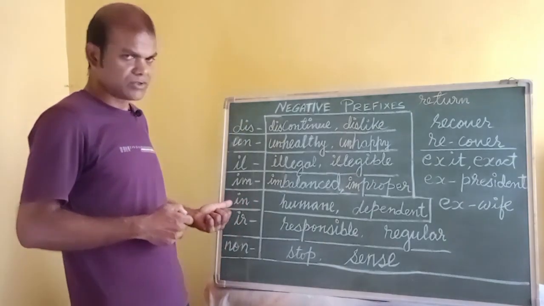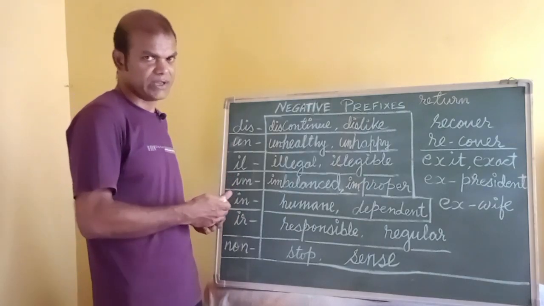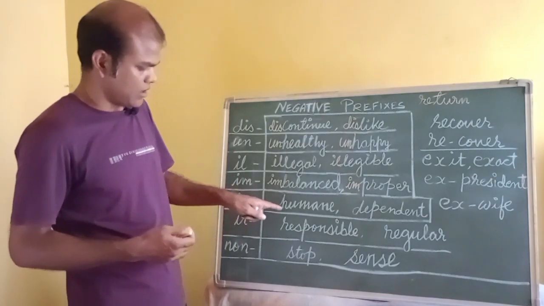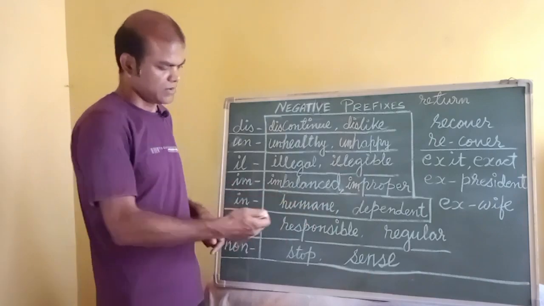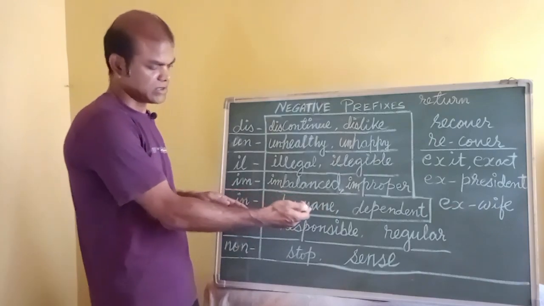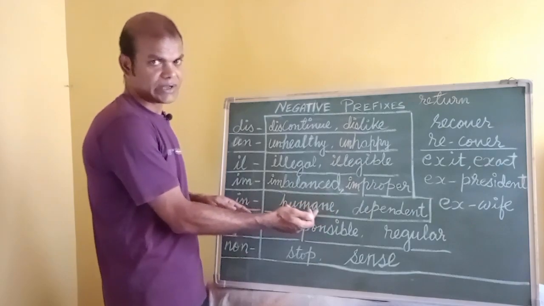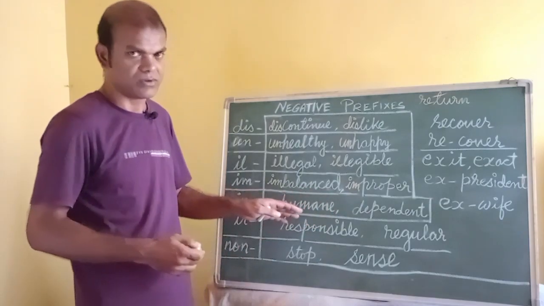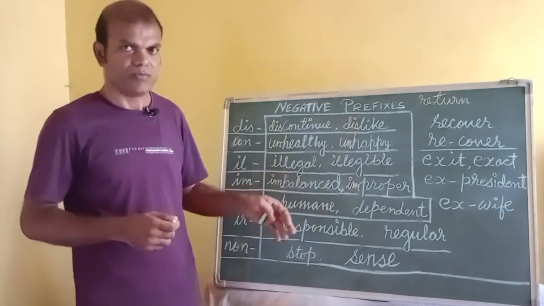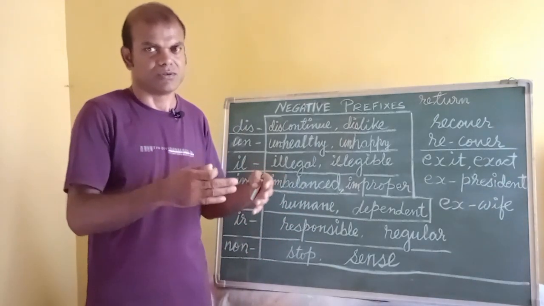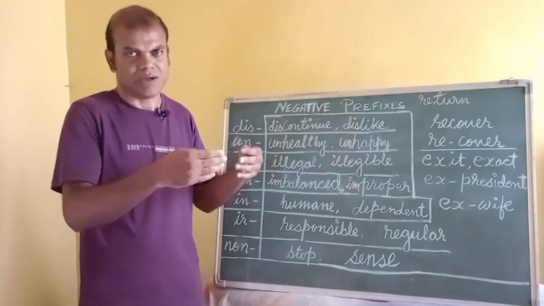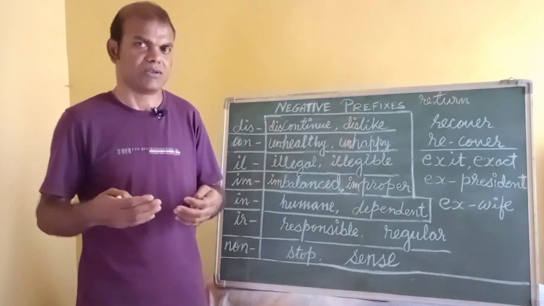In, this is also a commonly used prefix in English. Now this is humane. Now remember, this is not human, this is humane. This is the silent e syllable, so we'll take the long a sound. Humane. Okay, now humane means a person who shows kindness towards any animal or person, especially those who are suffering.